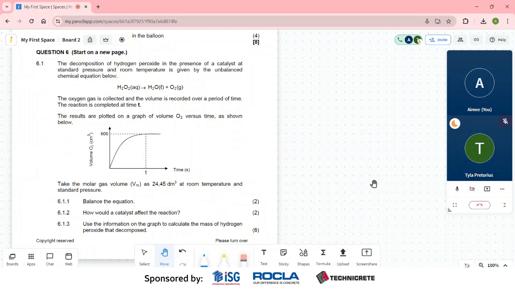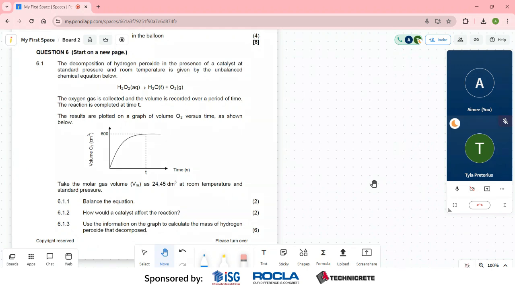If there's a chemical equation involved, I need to check if it's balanced, because in a final year exam, they will not tell you. And if you do all of your calculations using an unbalanced equation, everything will be wrong. So you're setting yourself up for failure by not making that step number 1.